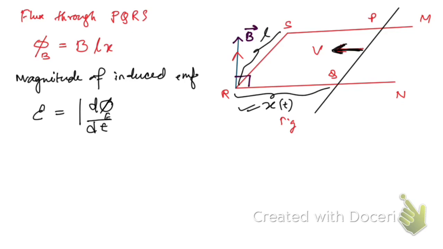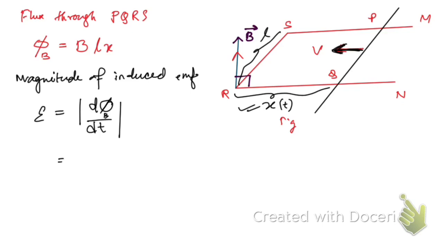Sorry, it's supposed to be phi B, magnetic flux, d phi B by dt. Right? So this is the magnitude of the induced EMF.